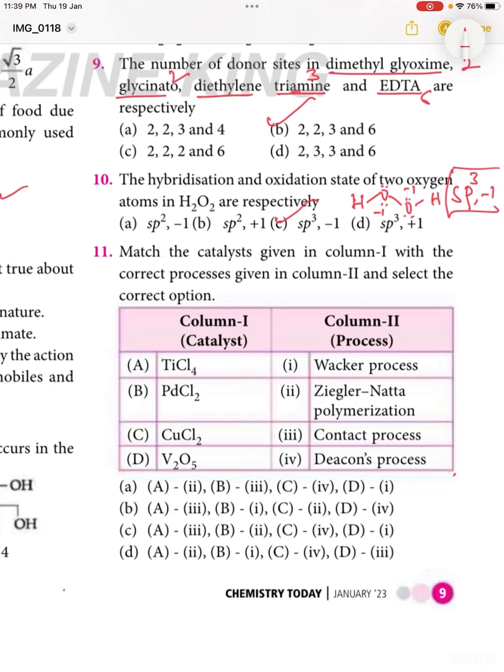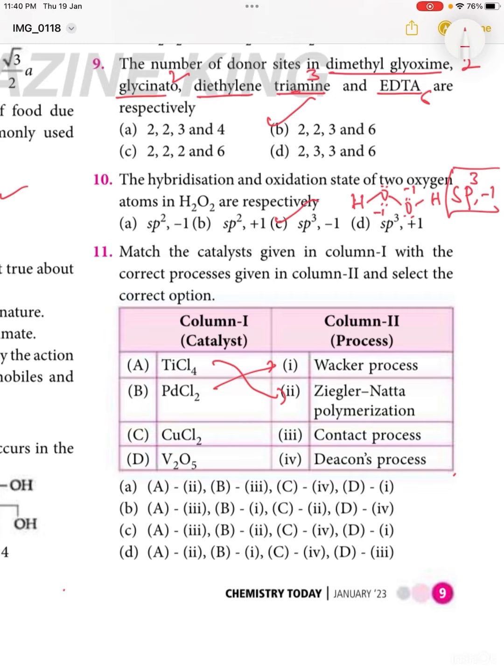Match the catalyst given in column 1 with the correct process given in column 2, and select the correct option. So titanium chloride, generally TiCl3, is used in Ziegler-Natta polymerization. Next, PdCl2 is generally used in the Wacker process. The Wacker process is used for the preparation of aldehydes. Generally, alkenes, that is terminal alkenes, are converted to aldehydes.